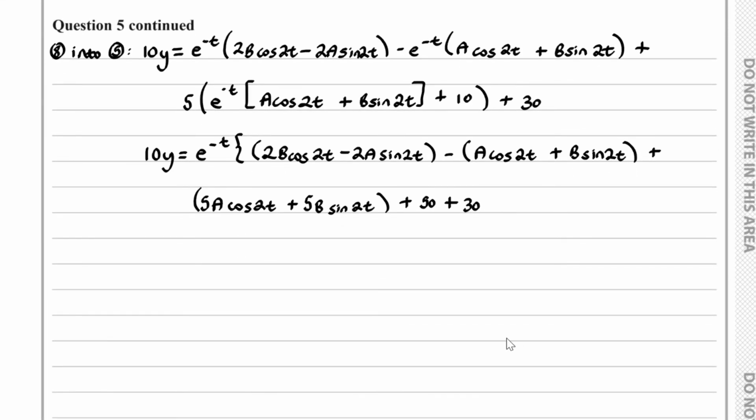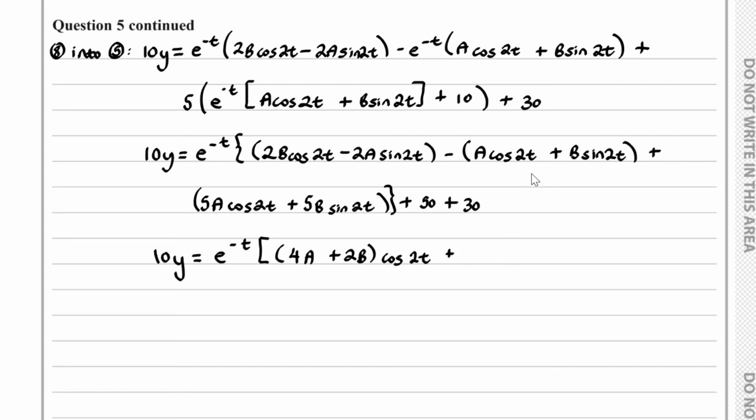So we can tidy all this up even more. So we've got 10y, which is equal to e to the minus t. Now if we gather everything that contains a cos 2t, well, we've got 2b minus a plus 5a. Well, minus a plus 5a, that's 4a. So over here, if I open this bracket up, we've got 4a plus 2b times by the cosine of 2t.